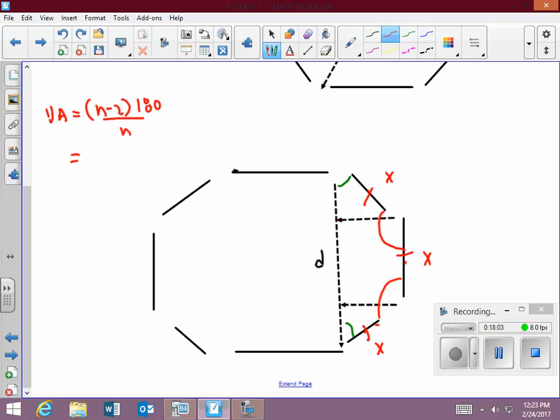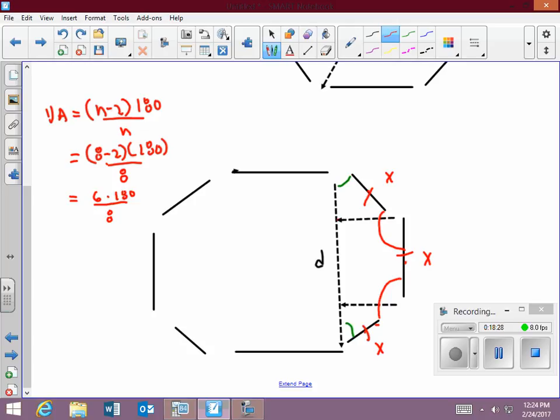This is 8-sided, so it's 8 minus 2 times 180 all over 8. That's 6 times 180 over 8.